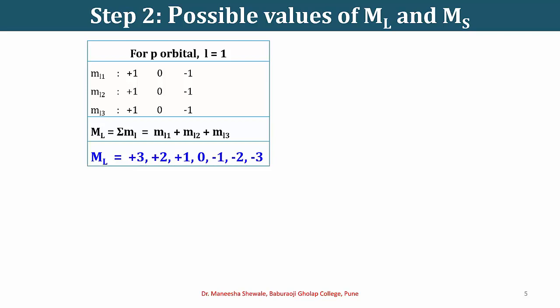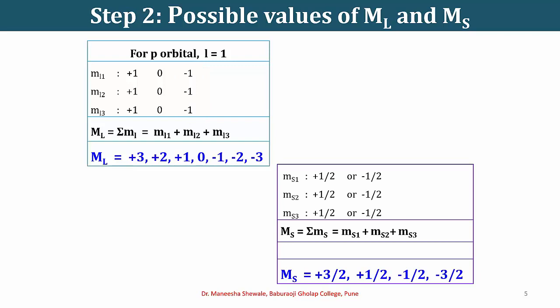Now the resultant ml value can be calculated by adding ml1, ml2 and ml3. So the maximum value will be +3 when all three of ml1, ml2 and ml3 are +1 each. The next value which ml can have is +2, then +1, 0, till the minimum, which is -3.